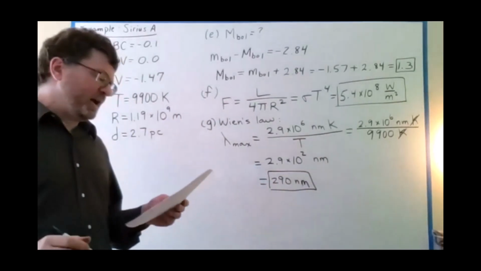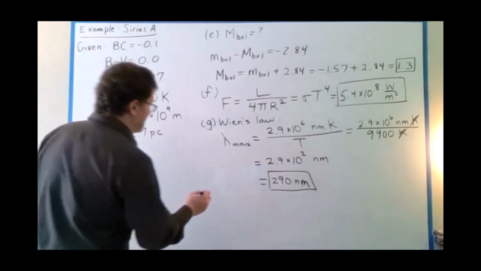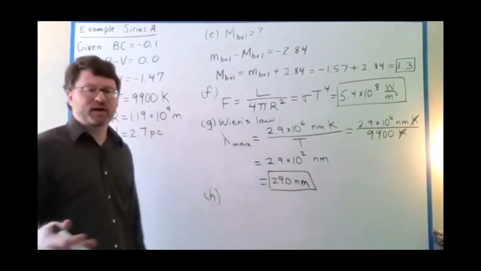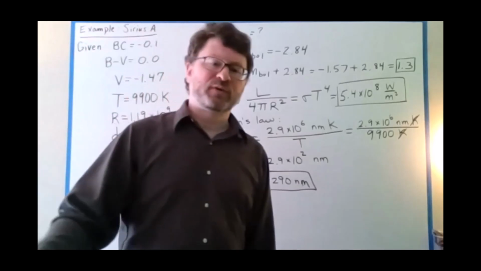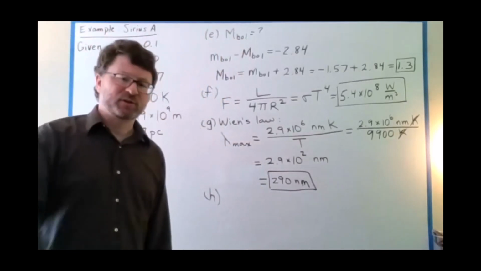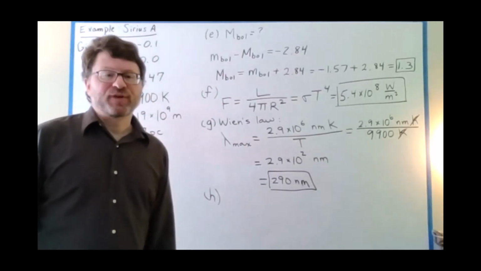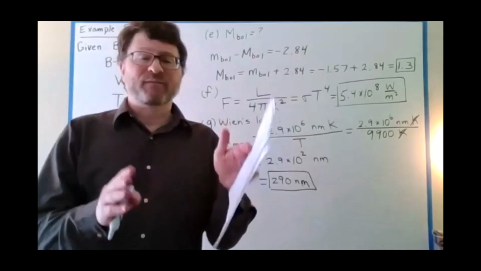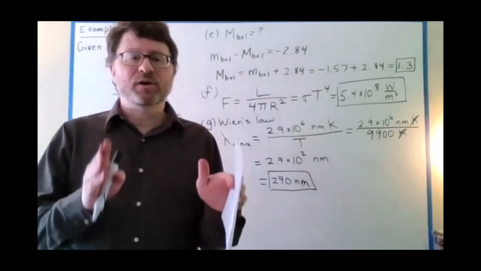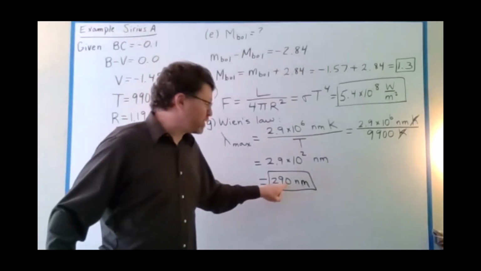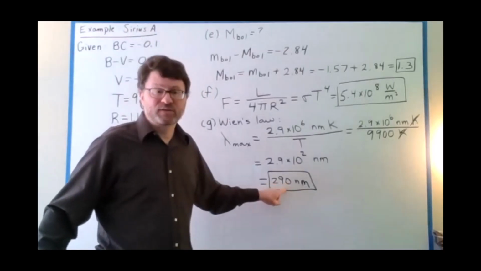And that's the answer to part G. Finally, in part H, we're asked what wavelength regime this is in. Is it radio, infrared, visible, ultraviolet? What do you think? Answer quickly. Say it aloud in your rooms, in your pajamas. It's the ultraviolet, because remember, the visible goes from about 400 to 700 nanometers, and this is a little bit shorter wavelength than visible.